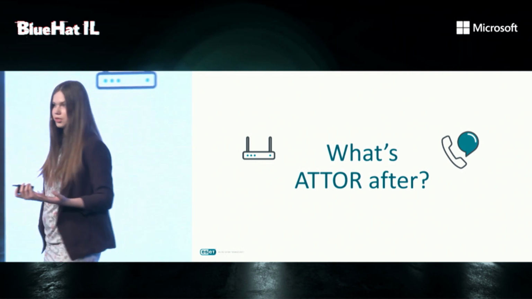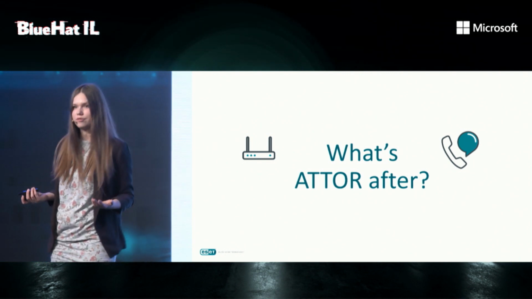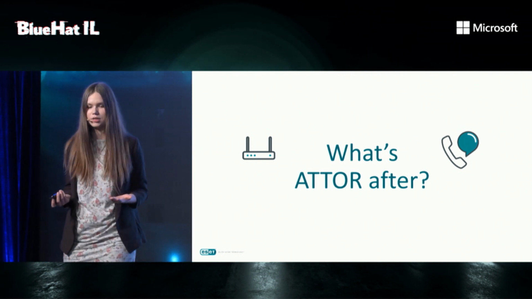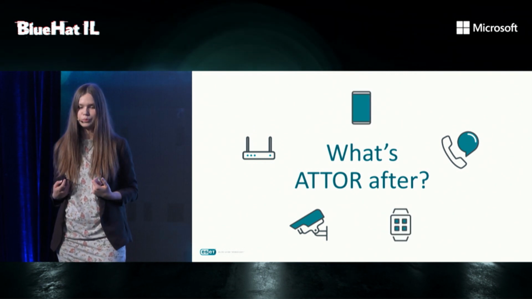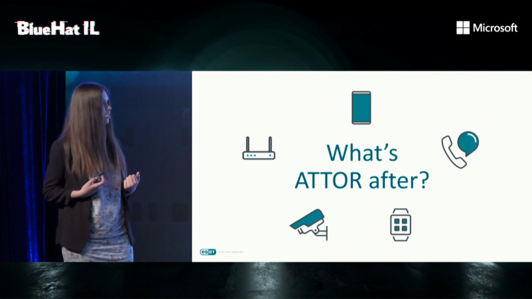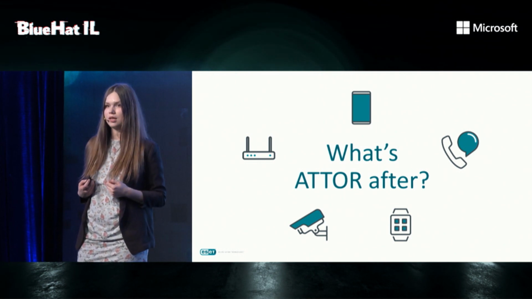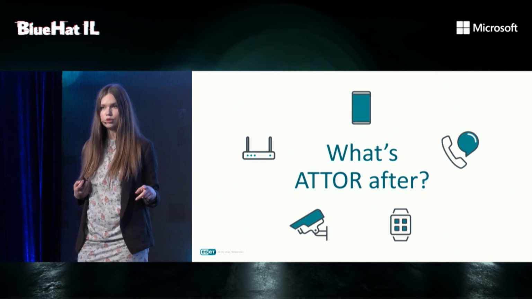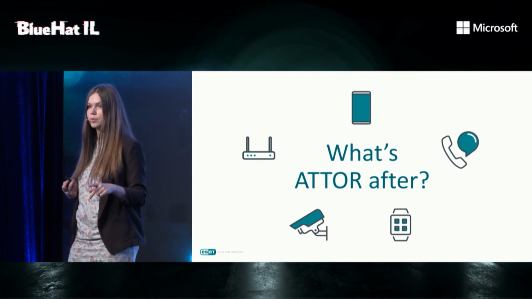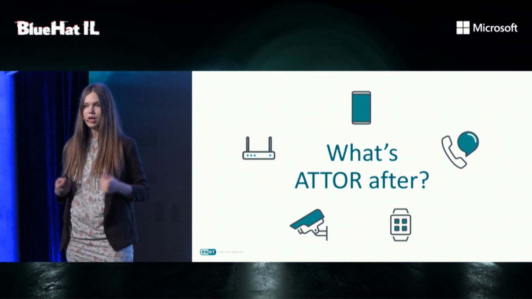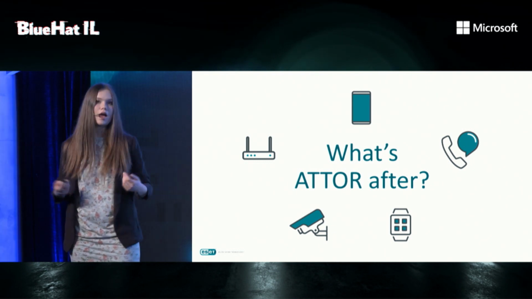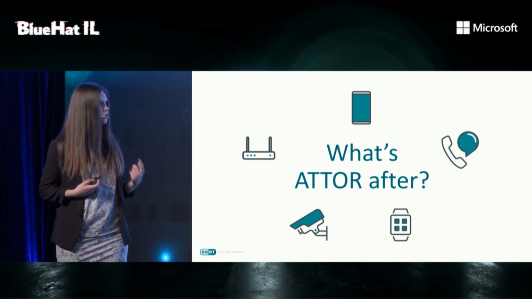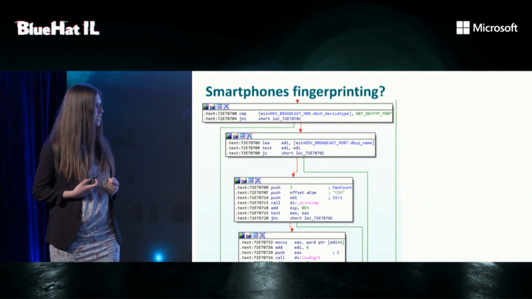Or is it possible that it targets some more modern devices that also have SIM cards, such as smart cameras, smartwatches, or smartphones? From the research from 2018, we have seen that smartphones also support AT commands, so it would be possible to exfiltrate sensitive data from the smartphones just by using AT commands, and also much more. So that was our first hypothesis.